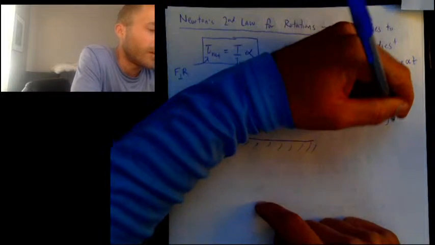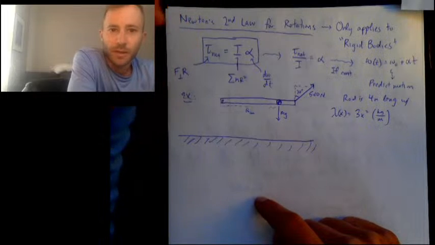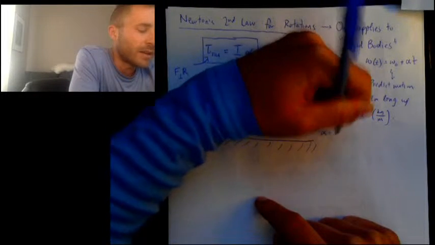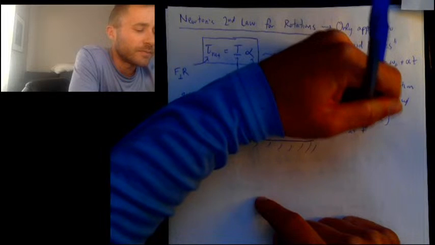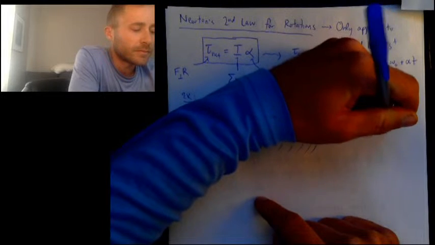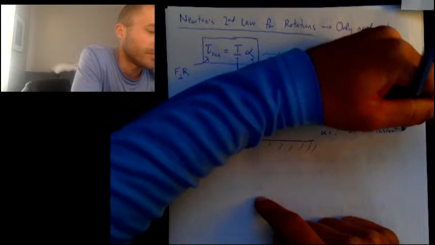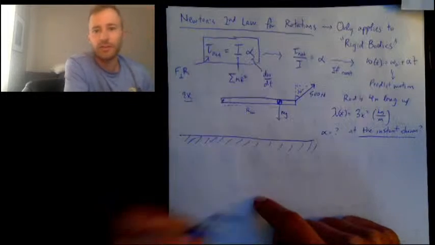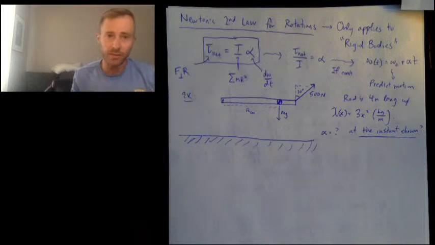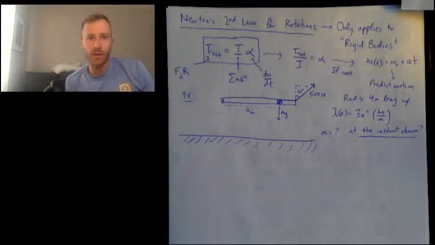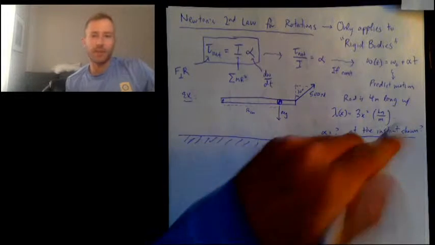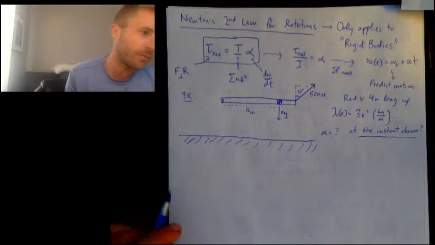So what we want to do is figure out what is alpha at the instant shown. And that's an important part, at the instant shown. I'll come back to that at the end after we've done the example.